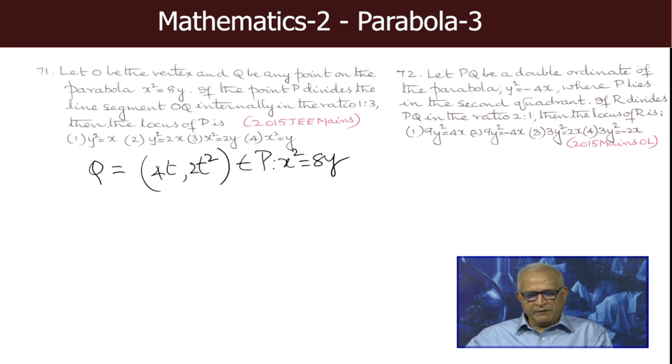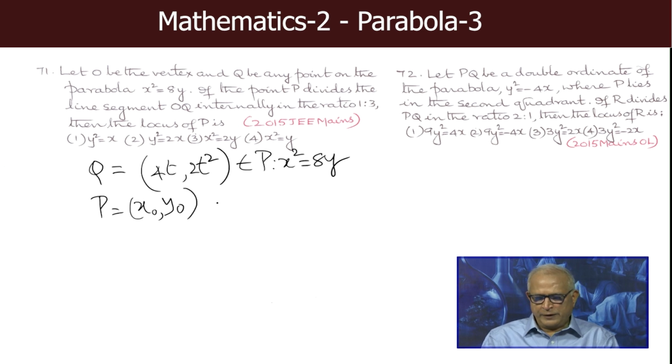If the point P divides the line segment OQ internally in the ratio 1:3, P (x0, y0) divides OQ in the ratio 1:3.